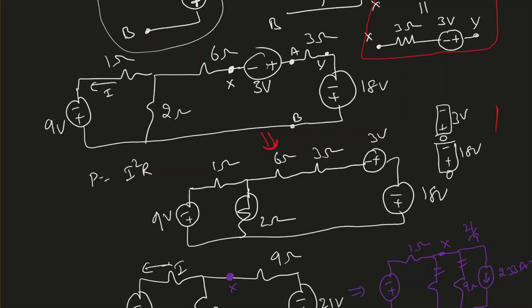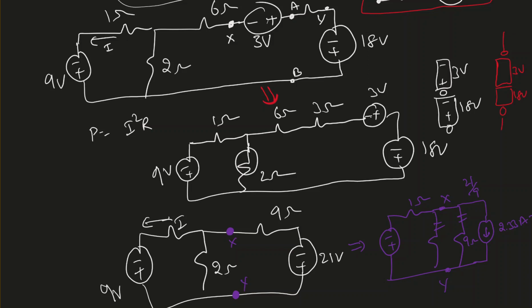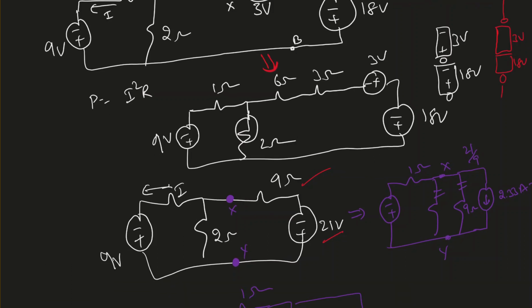Sometimes you may end up with batteries connected like this, which is not recommended. So this is 18 volts, this is 3 volt, then we will subtract to get the remaining voltage. Okay, so now I end up with 21 volt and 9 ohm. Now again these two are a voltage source in series with a resistor.